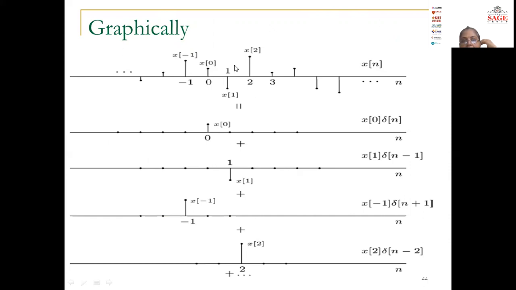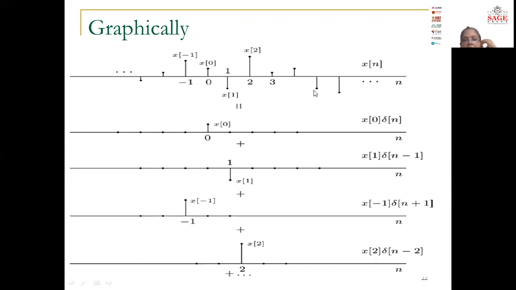Now this input is multiplied by the impulse delta[n] times x[0]. So what will be the output? The output will be the multiplication of the input with 1, so we get the output. Now for the input located at 1, we have shifted the impulse also to 1, and then multiplied. Again, for x[-1], we have shifted the impulse to the left-hand side.